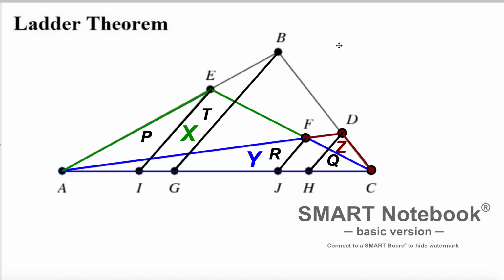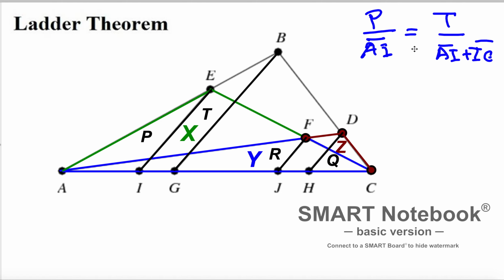And the proportion here, because those are similar: P divided by the segment AI is equal to the segment T divided by AI plus IG. If we use the cross product here, P times (AI plus IG) is going to be equal to the segment T times AI.